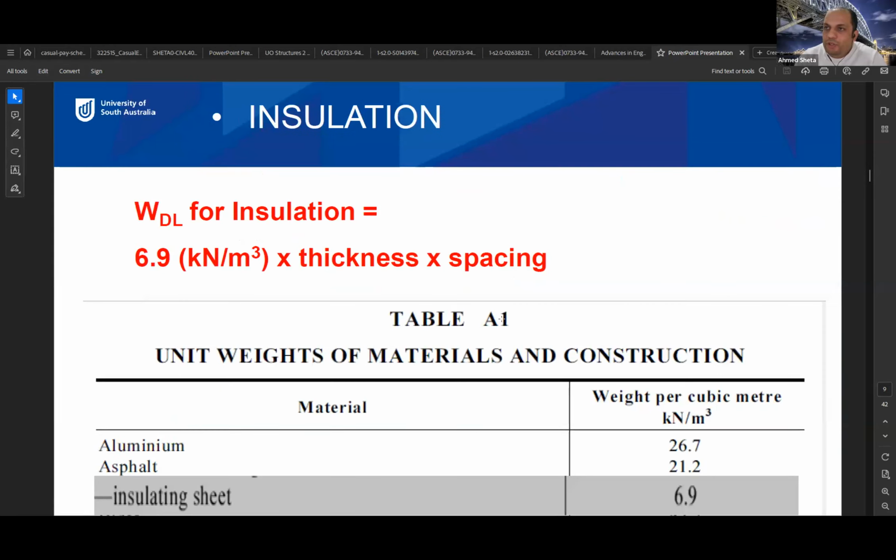So here we have to include the thickness and the spacing because it is not ready for use, not like the ceiling. Because the unit here is kilonewton per cubic meter, a further step is needed for this one.